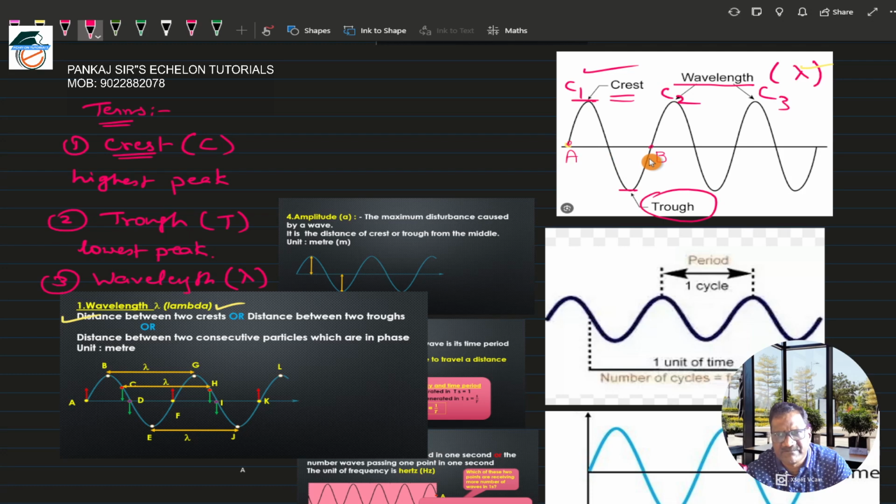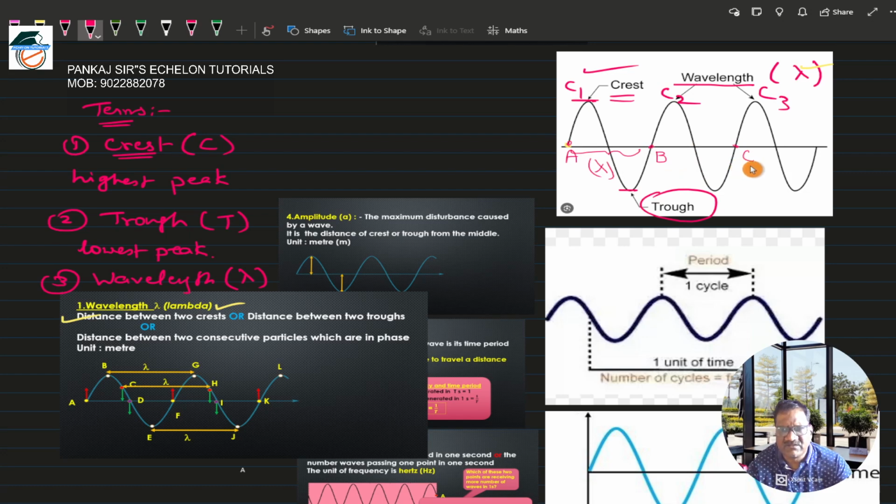This distance AB is also nothing but the wavelength, the lambda. Even B and C are again in phase.